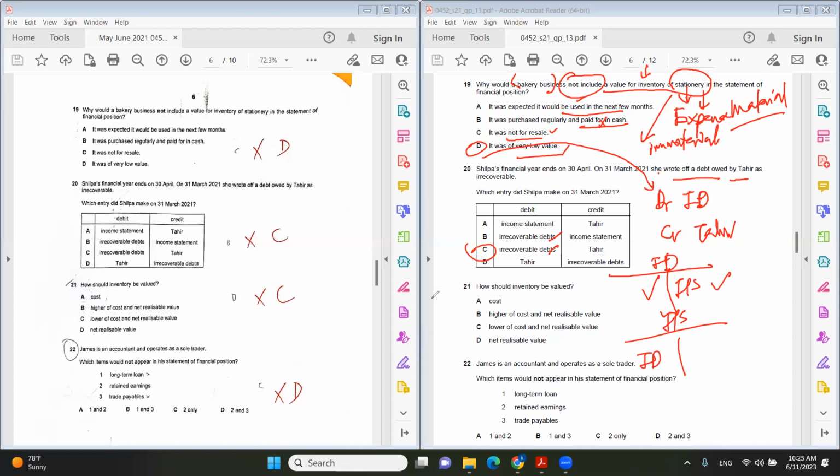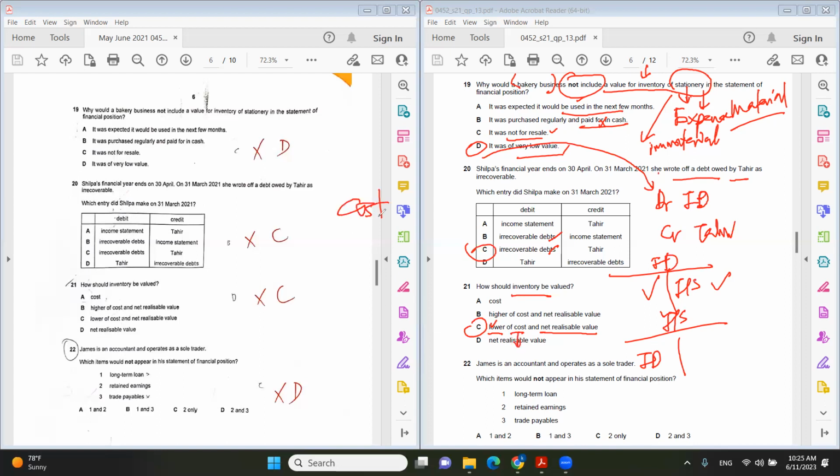Next, how should inventory be valued? The key sentence for valuation of inventory is the lower of cost and net realizable value. Always choose the lower. What is meant by cost?